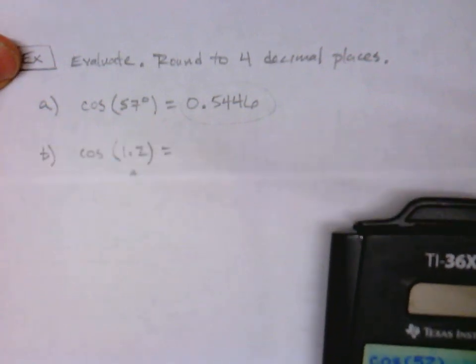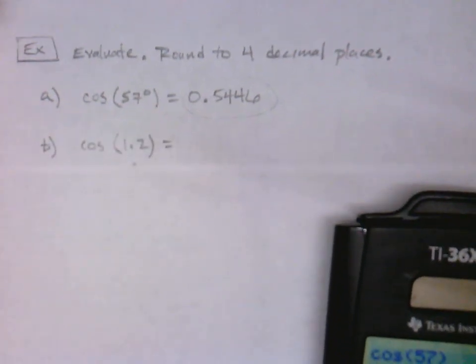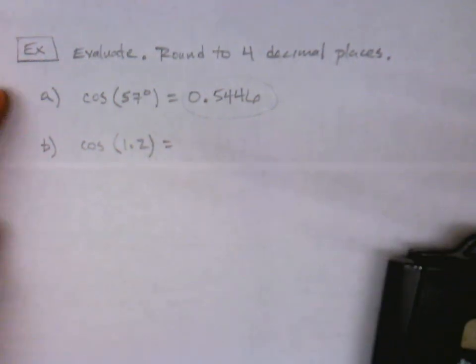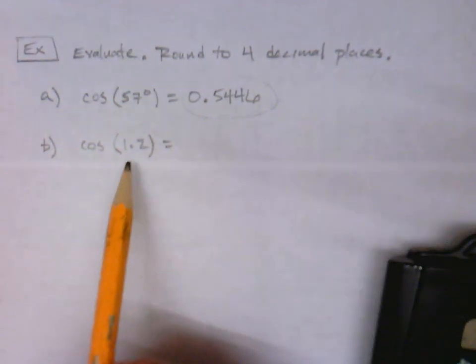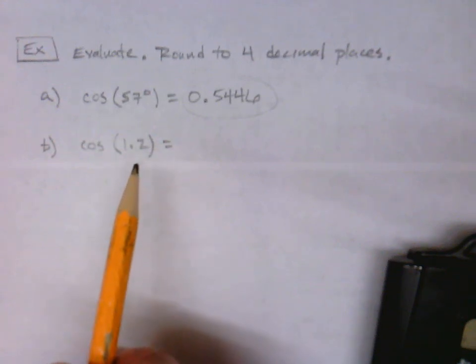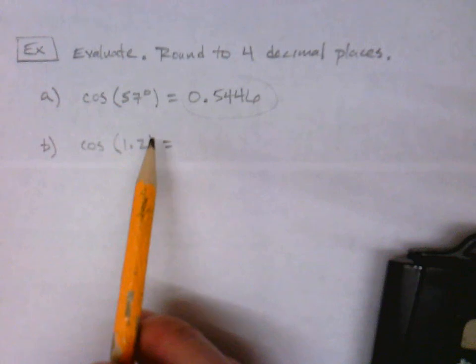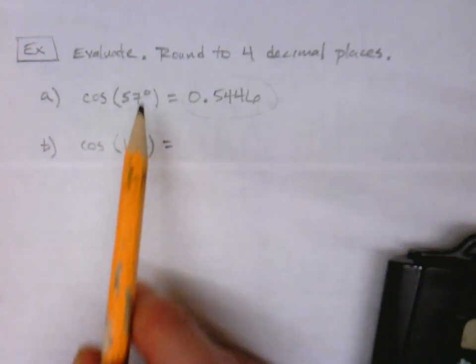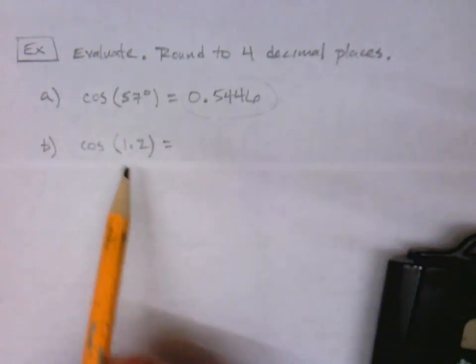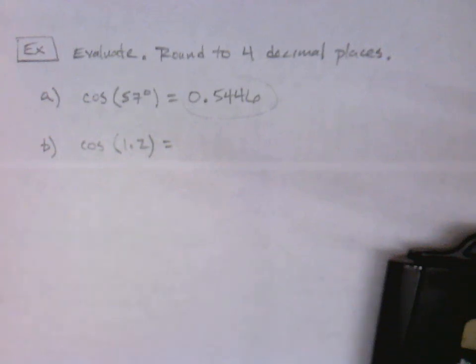Let's try one. How about cosine 1.2? Okay, this is big. They might not come outright and tell you if it's degrees or radians, but you can tell immediately if there's a degree symbol, it's degrees. If there's not a degree symbol, it's radians.